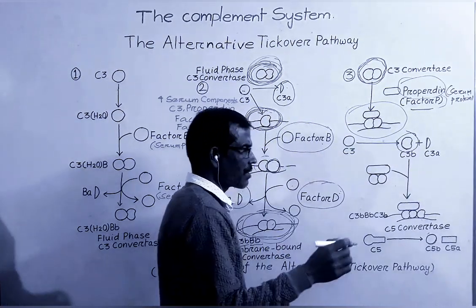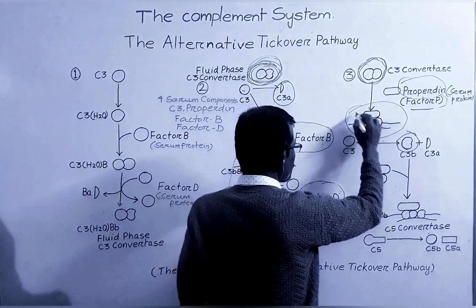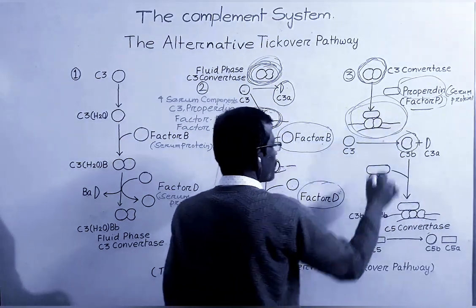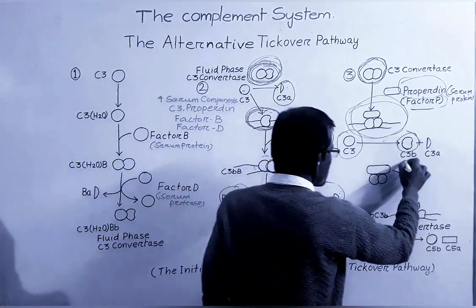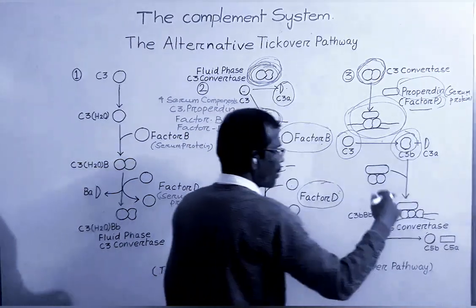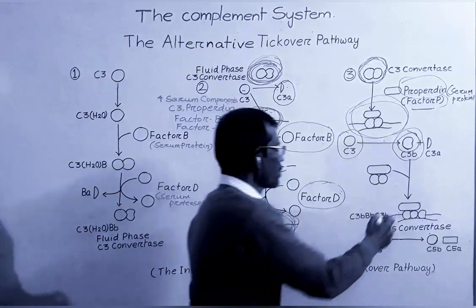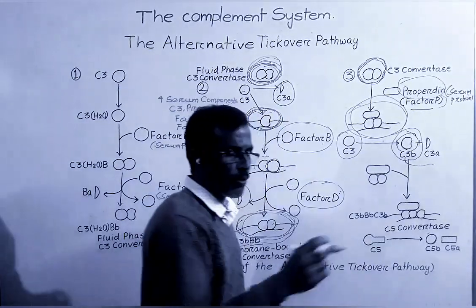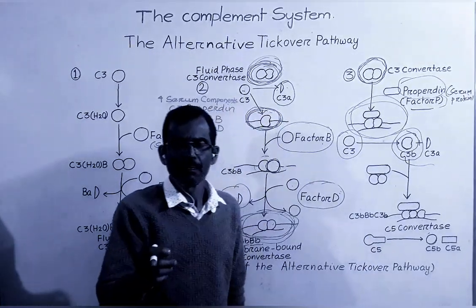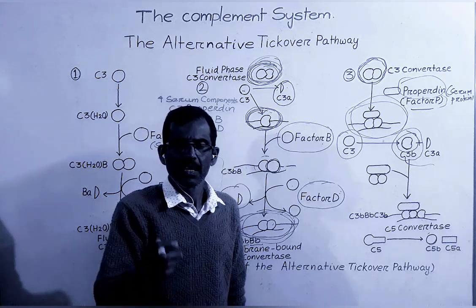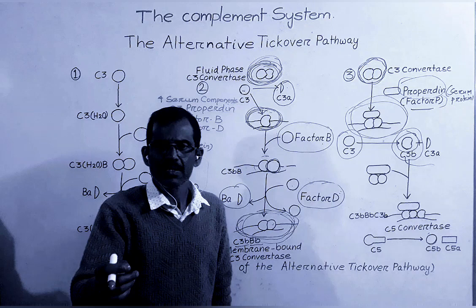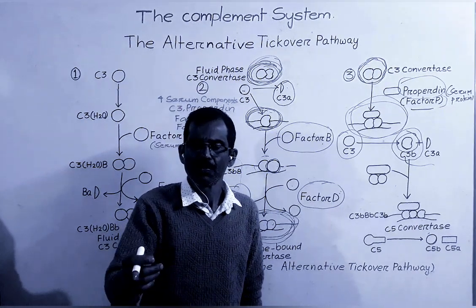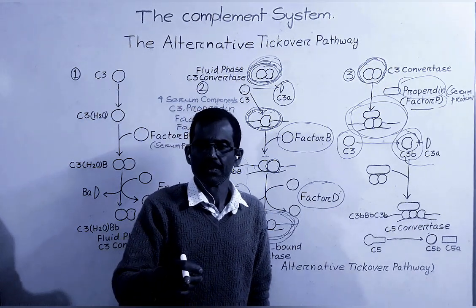The properdin stabilized membrane-bound C3 convertase cleaves C3 molecules and generates a large amount of C3b molecules. The C3b molecules bind with factor B, facilitating their cleavage, which leads to a rapid amplification of the generation of C3b molecules.